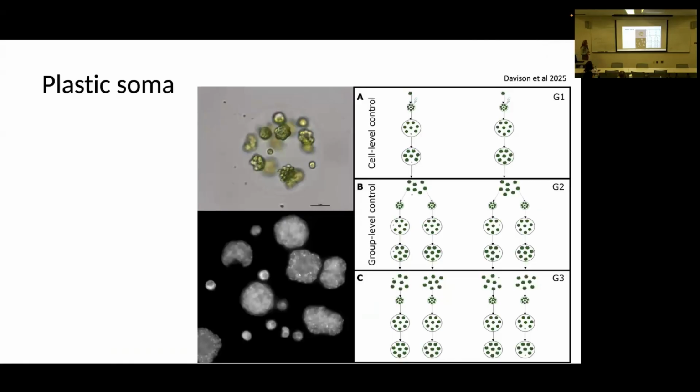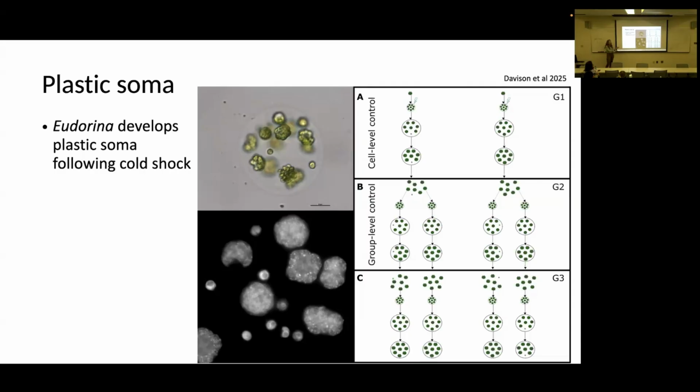And during my PhD, I discovered that Eudorina can develop plastic somatic cells in response to environmental stress. So I took Eudorina and I subjected it to 2 hours of cold stress. And I found that some colonies will develop these small cells that are terminally differentiated. You can see them here.